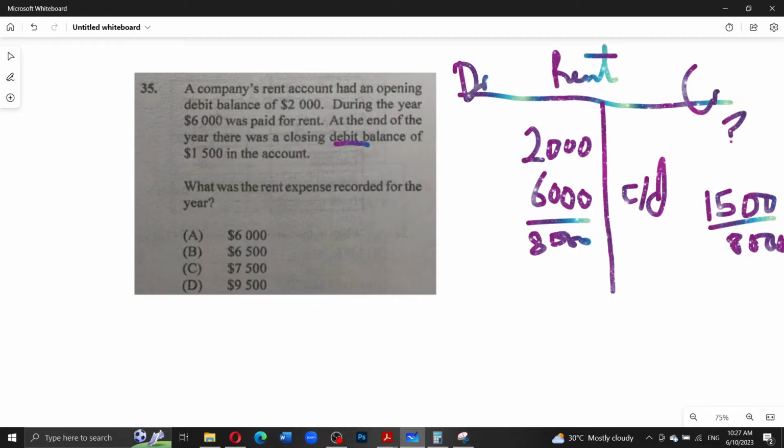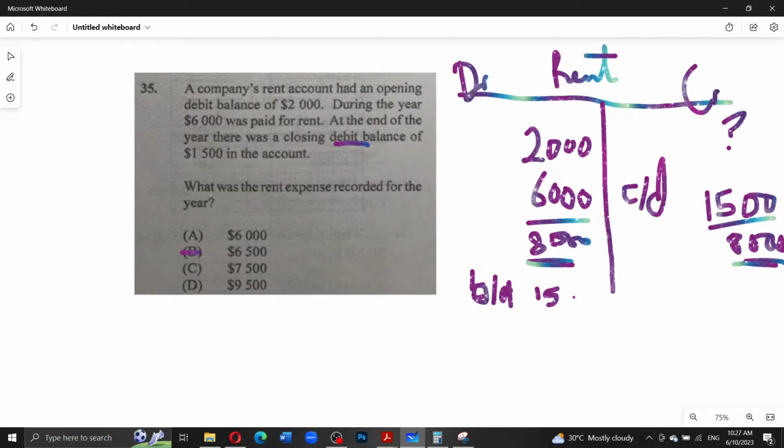So 1,500 plus what will give you 8,000? This is actually going to be 6,500. So we close off with a double line, double line. And the carried down balance is 1,500, the brought down balance is 1,500.